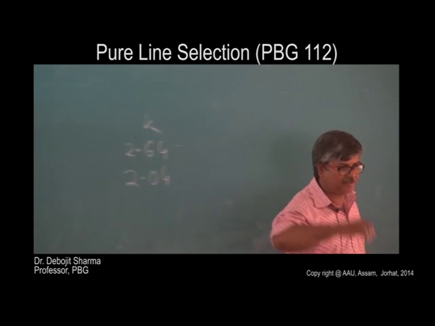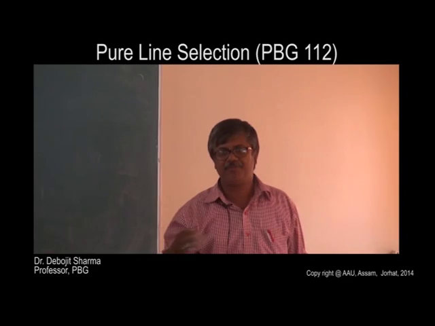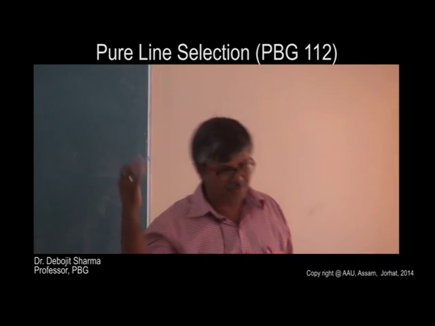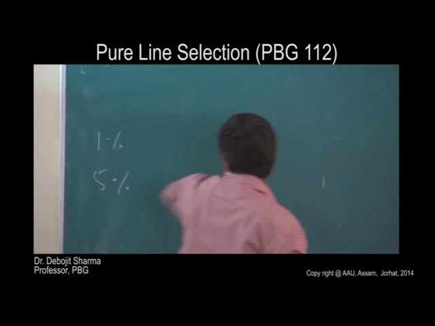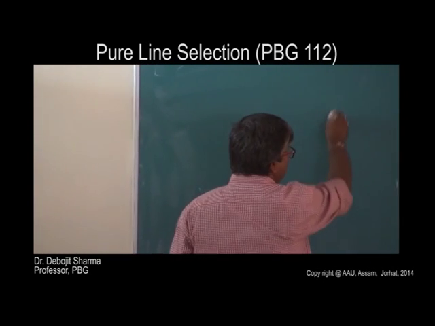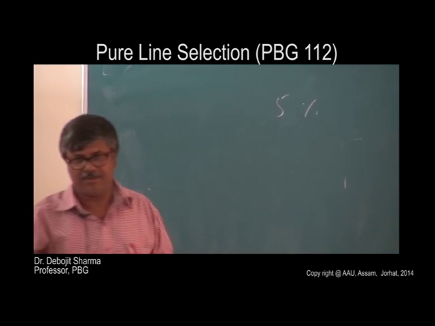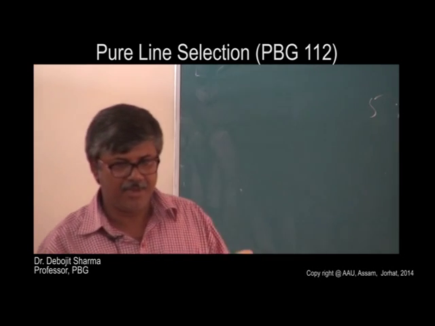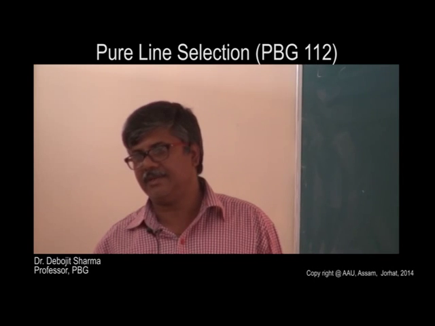That is, if you select 1%, what will be the expected advance? If you select 5%, what will be the expected advance? You can also go for 10%, the value is there. So simply by putting these values, say for example, if you select 5%, 5 out of 100 plants in that population, what will be the genetic advance?